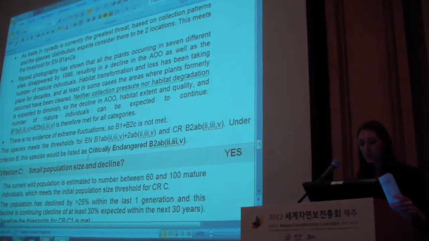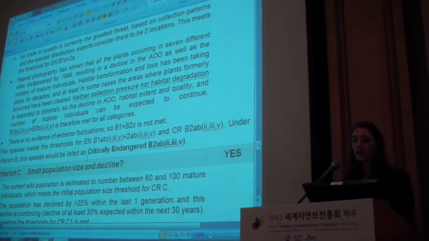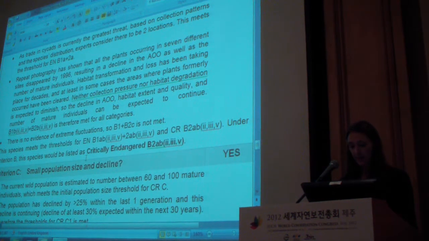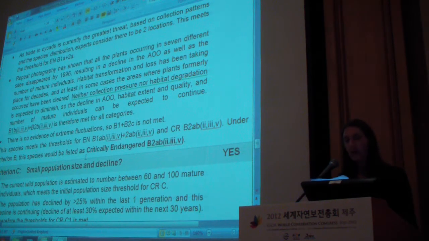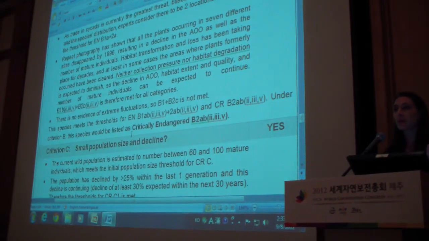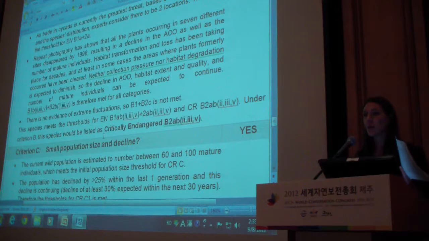For B2, a continuing decline in area of occupancy, we've discussed that already. Number 4 was a continuing decline in the number of subpopulations or locations.